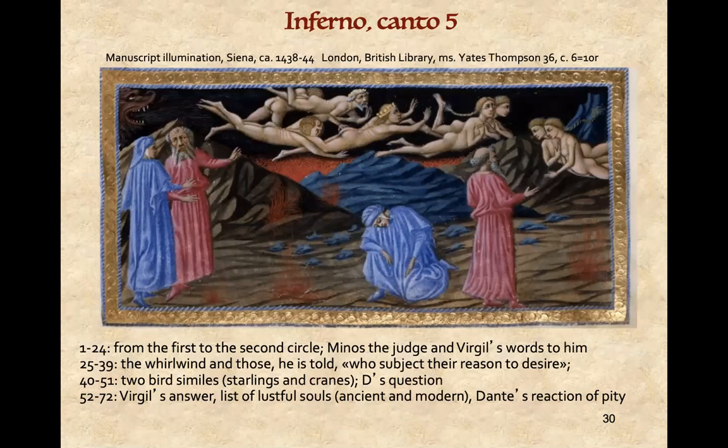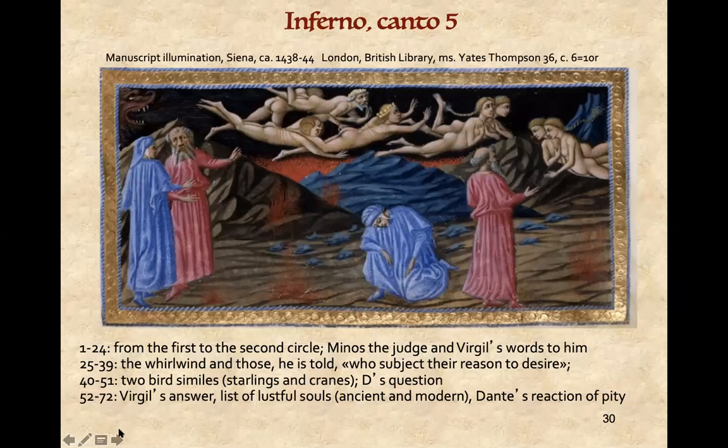Of course, this whirlwind is the manifestation of the passion that transported them in life. And Dante witnesses this with great dismay because he himself, as we know, has experienced very deeply the feeling of love and of being in love. So he cannot understand why lovers would be in hell, even though in the upper part of hell.